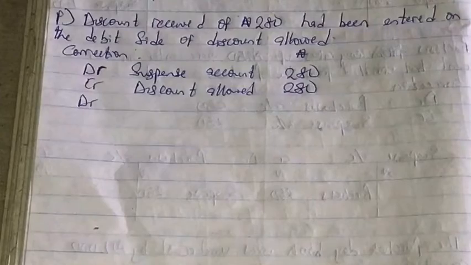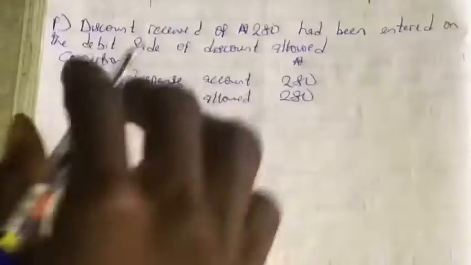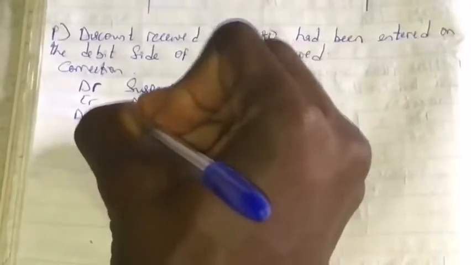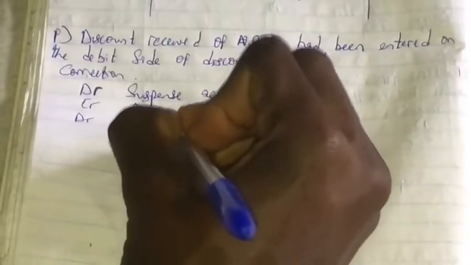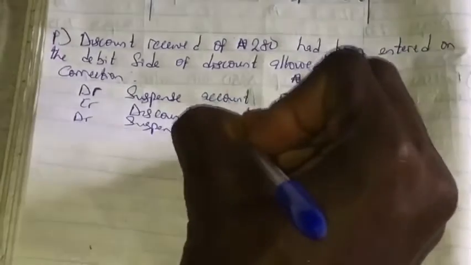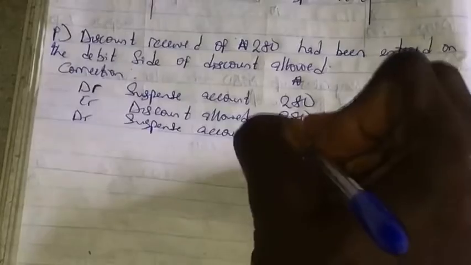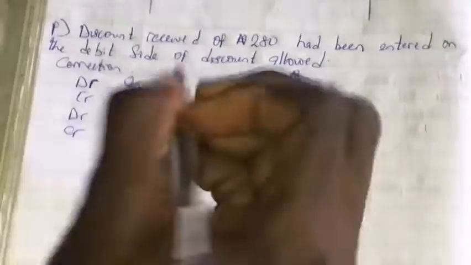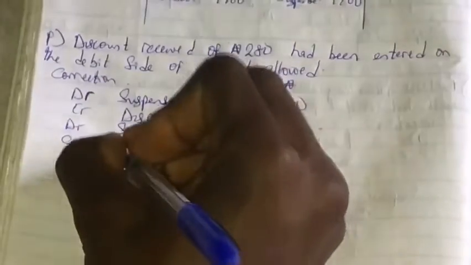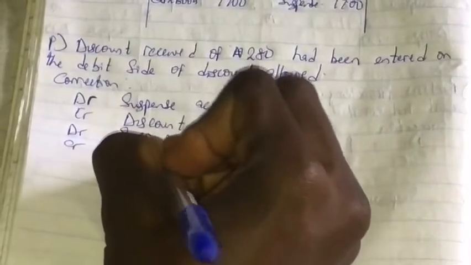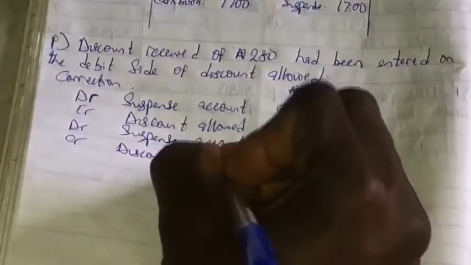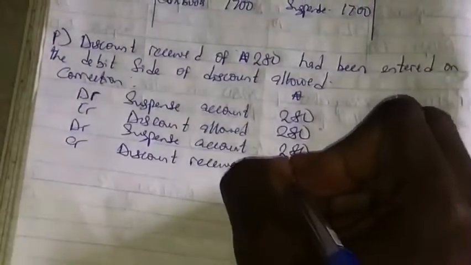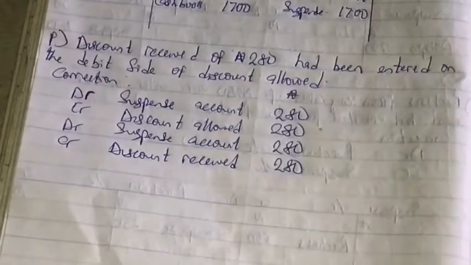So we are done with the discount allowed aspect. Then you debit the suspense account again with 280 naira. Then you credit your discount received, which is what was supposed to be done in the first place, by how much? 280. So I'm sure you guys are excited.